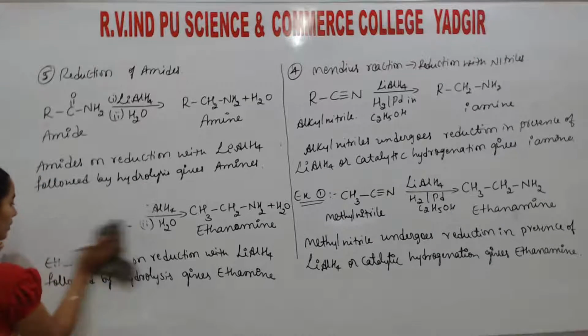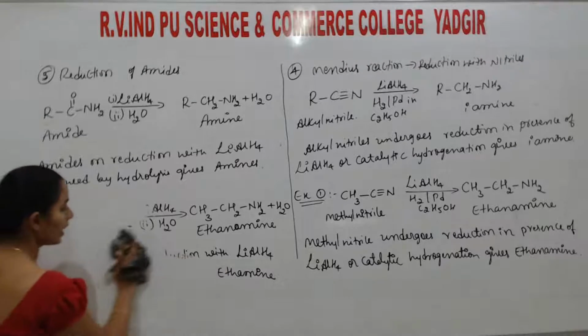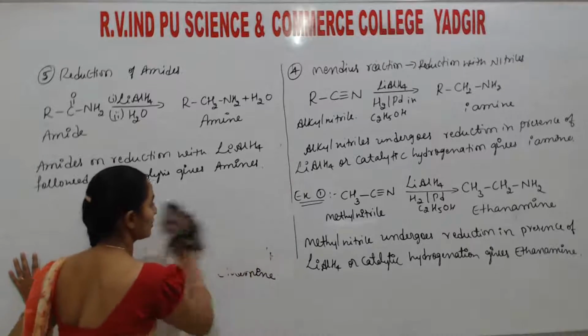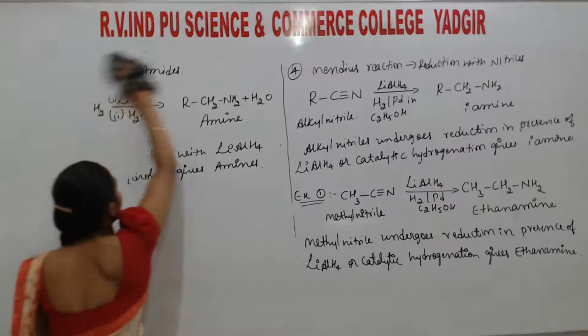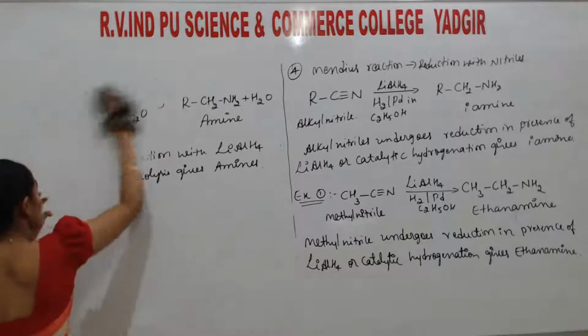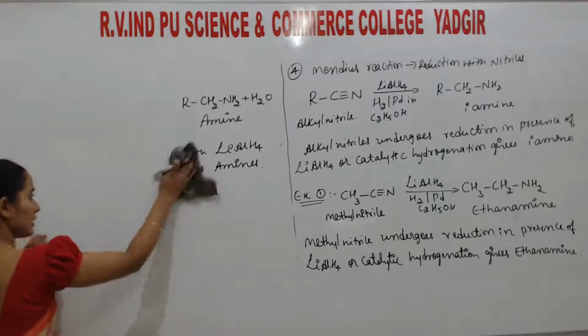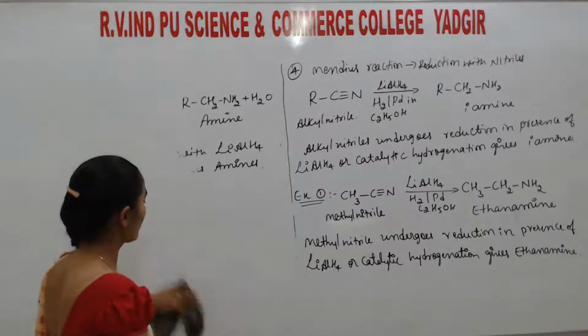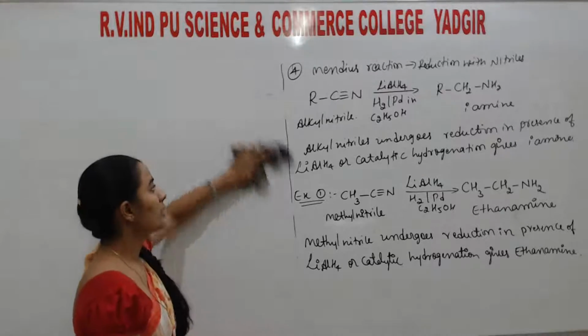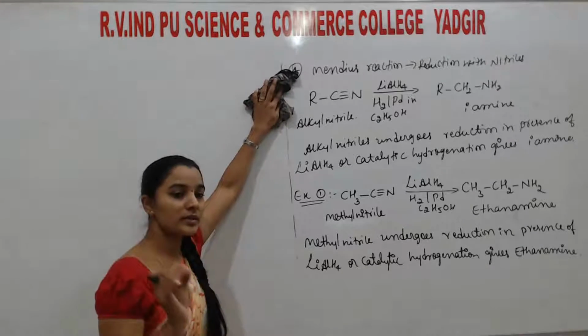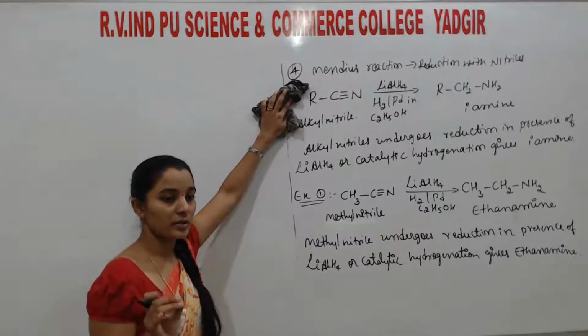So another one is the Gabriel phthalimide reaction. Actually students, they won't ask this Gabriel phthalimide reaction in the examinations. Before, they didn't ask, they don't give much importance to it. They always choose diazonium salts over this Gabriel phthalimide reaction.